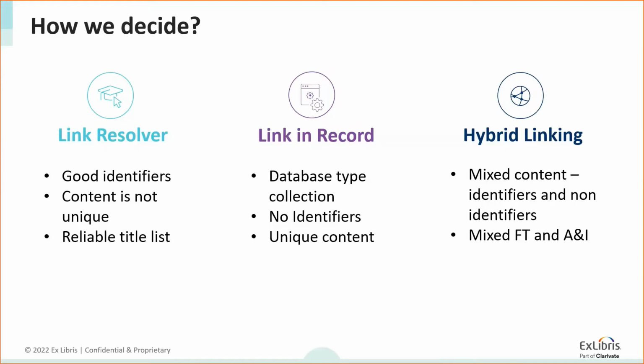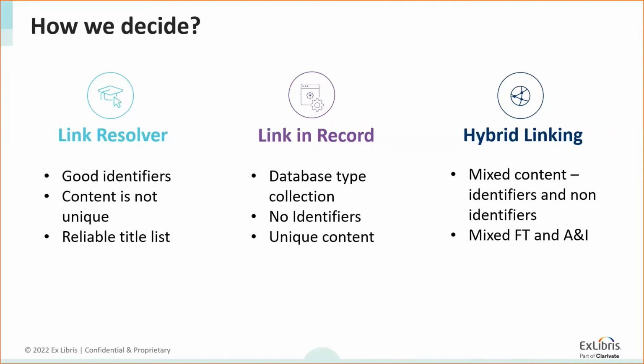So until the hybrid linking, we actually had two bad options, because the link resolver was really good, but only for part of the content, and the link in record was also really good, but for the other part of the content. So with the hybrid linking, we managed to use the best linking method per content.